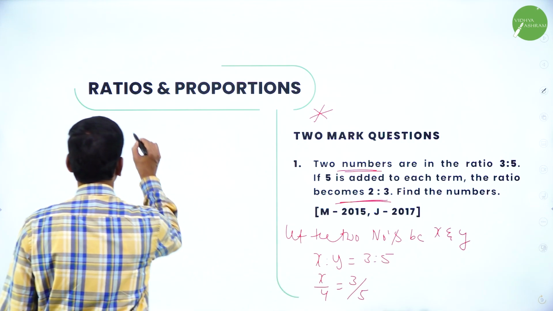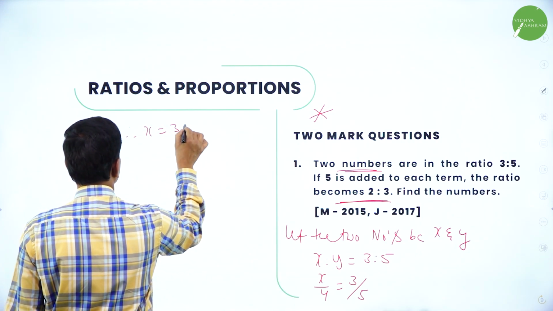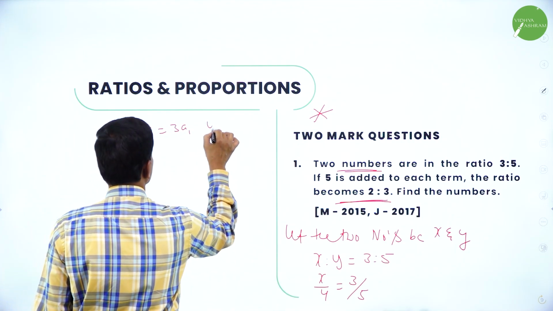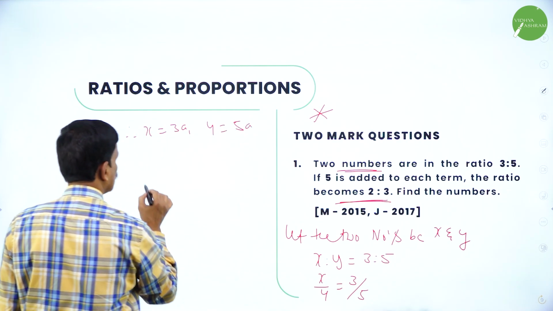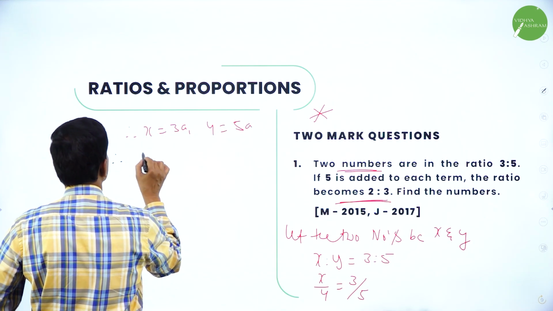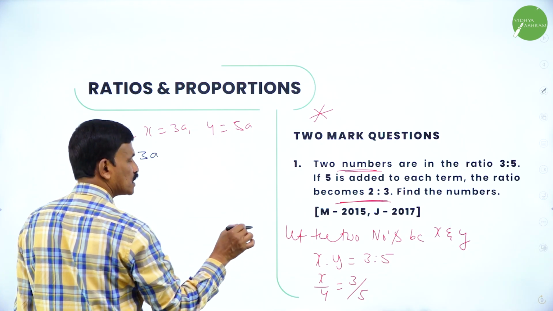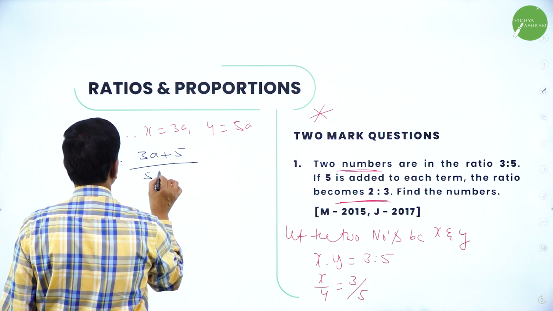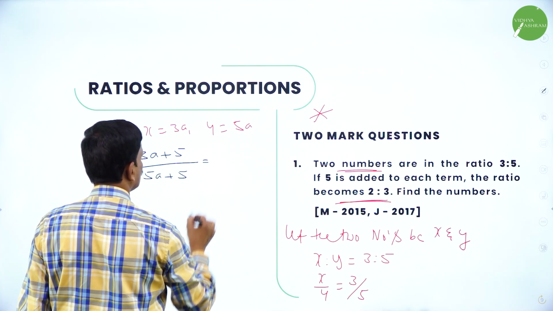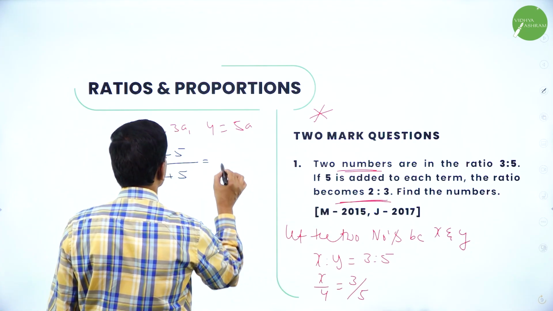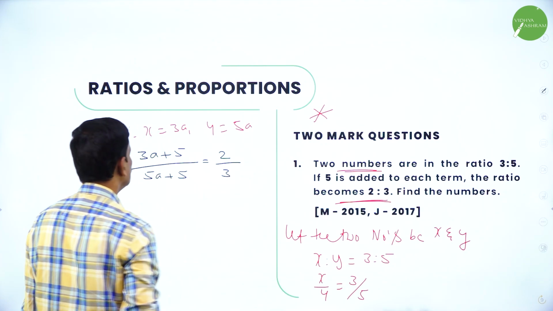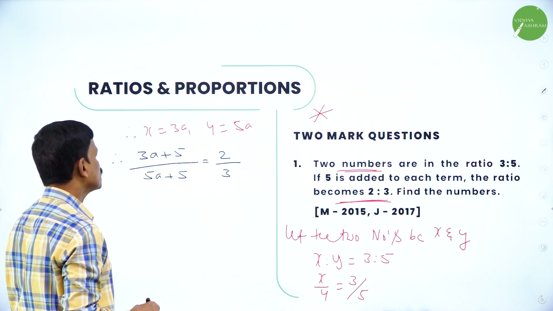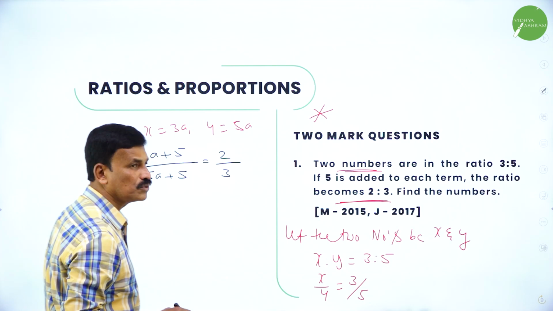So therefore x is equal to 3 times a, y is equal to 5 times a. Now for each term we are going to add 5. 3a plus 5 divided by 5a plus 5 is equal to, what is the new ratio you are going to get? 2 by 3. 3a plus 5 divided by 5a plus 5 is equal to 2 by 3.